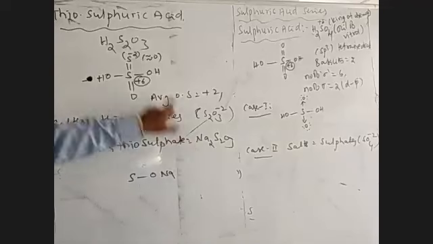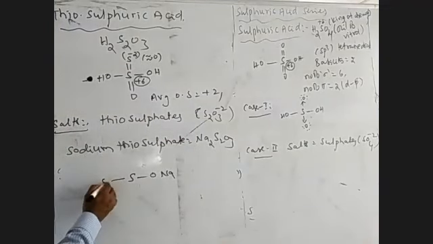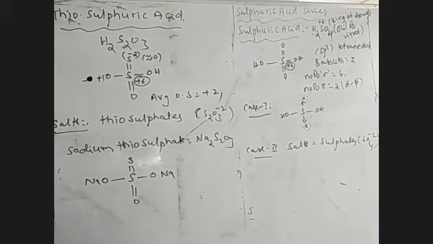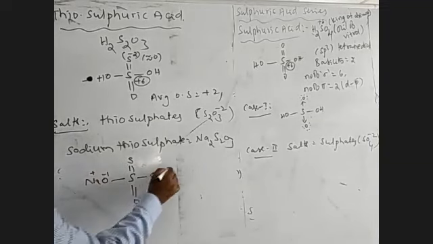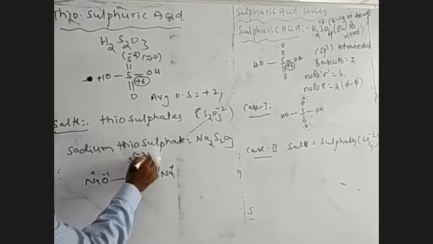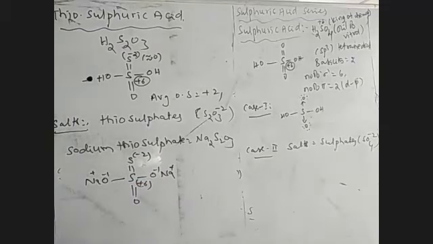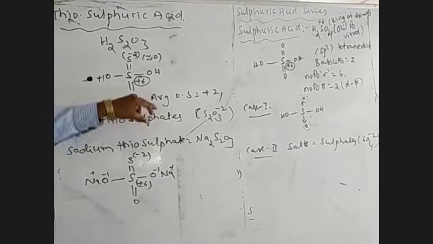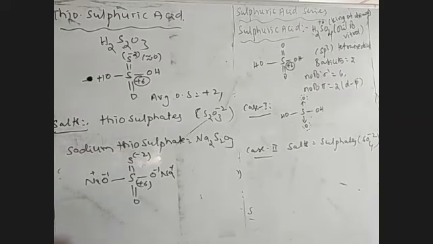In place of hydrogen, we take sodium, so ONa, double bond S and double bond O, Na+ O-. This is the sulfur with -2 and this is the sulfur with +6 oxidation state. In sodium thiosulfate, the central sulfur atom has +6 oxidation state and the terminal sulfur has -2 oxidation state. The average oxidation state is taken as +2.